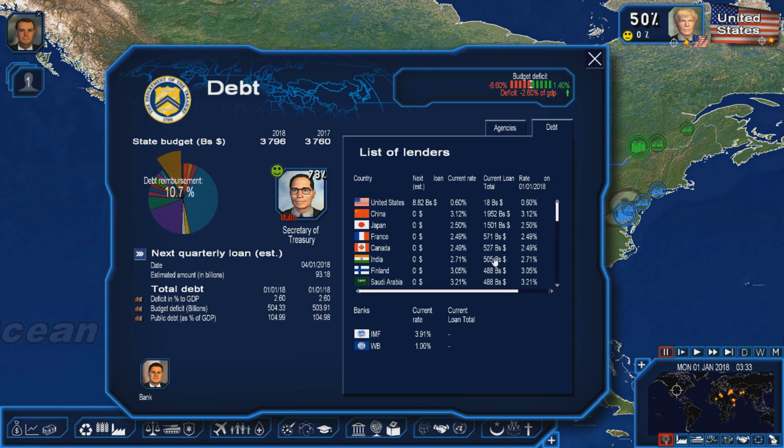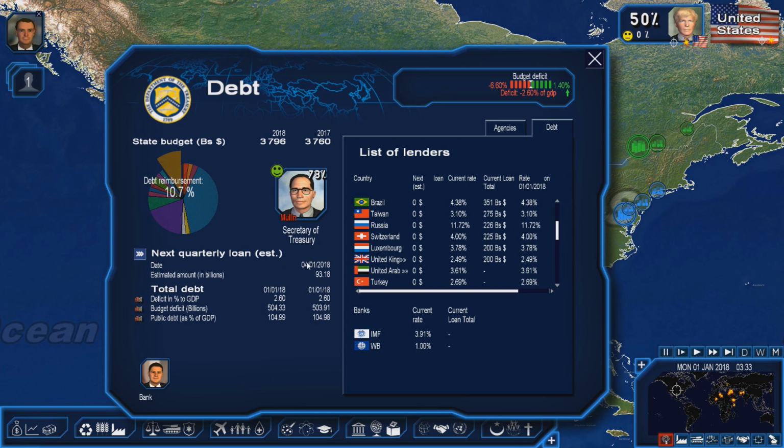That's the money you owe these countries that are lending you money to pay for your projects. It doesn't matter what projects you do. You could do nothing for an entire quarter and you'd still have to borrow money depending on your budget deficit.